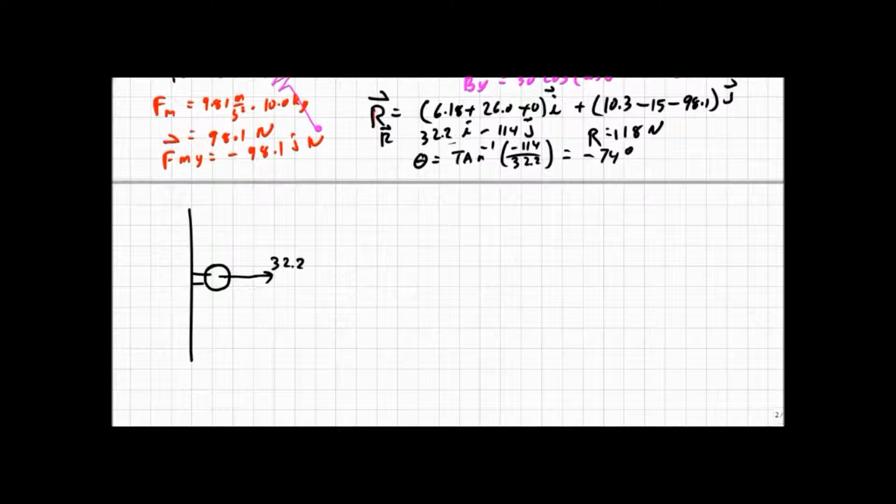I have a force of minus 114 in that direction, not to scale, if I care about the specific forces X and Y, and I have my resultant force here that is 118 newtons, and the angle here is 74 degrees. And that's it. That's the whole problem. Okay? So, simple enough. Bye.